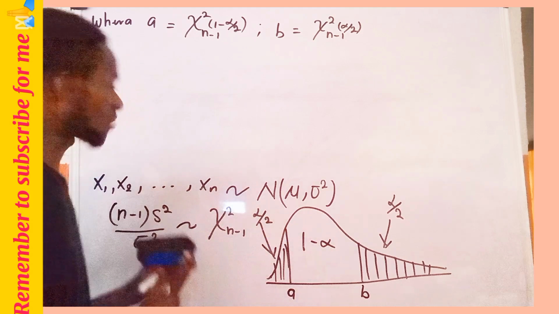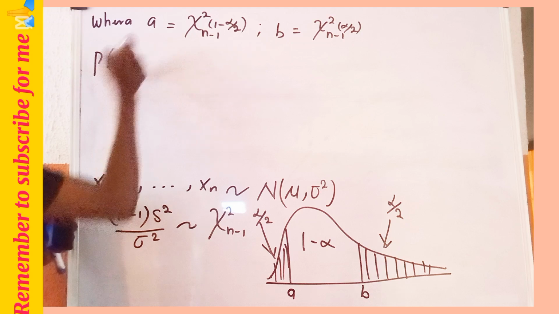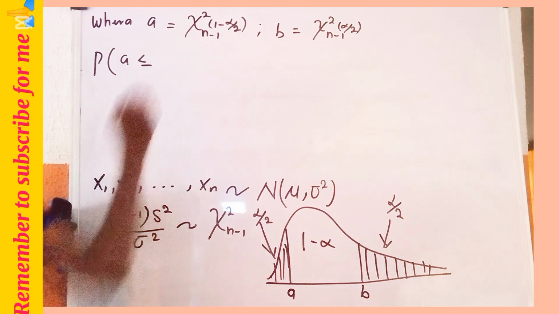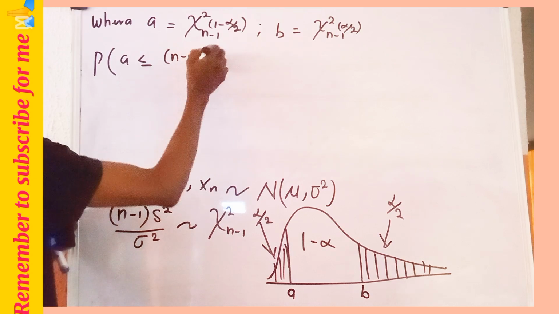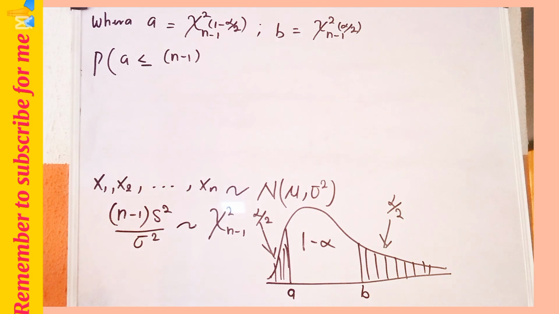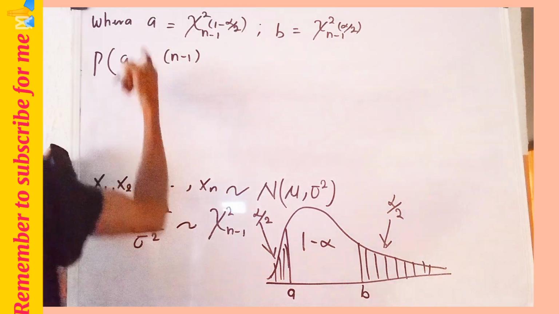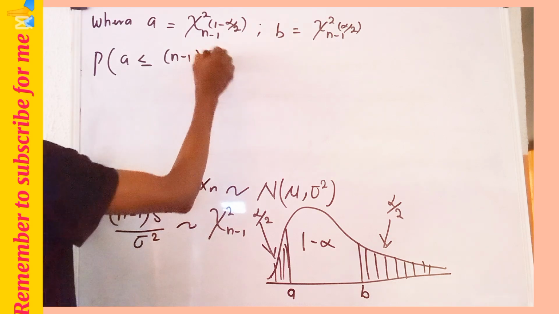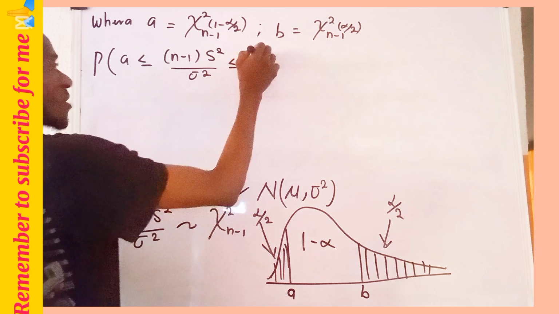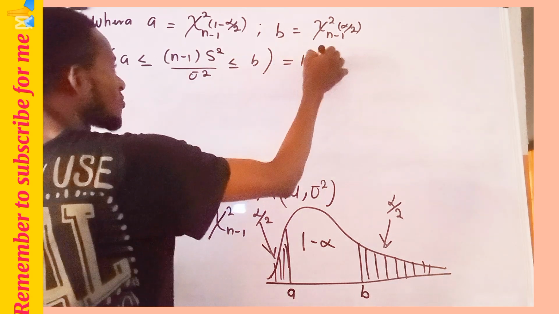So I now have that the probability that A is less than or equal to n minus 1 times s squared all over sigma squared, which should be less than or equal to B, close the bracket, equals 1 minus alpha.